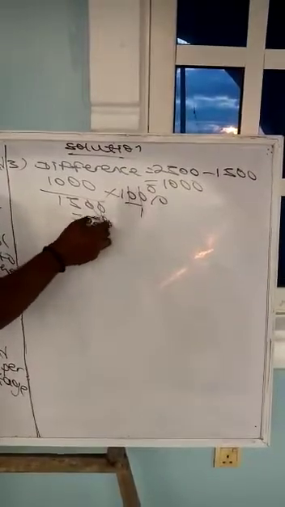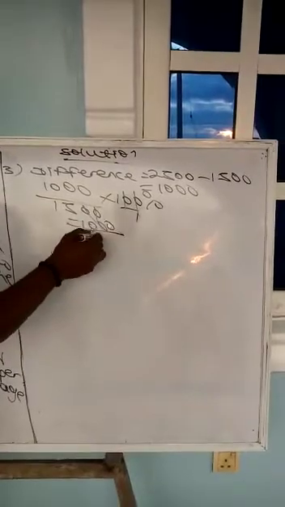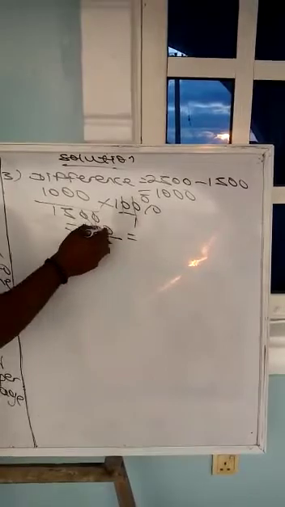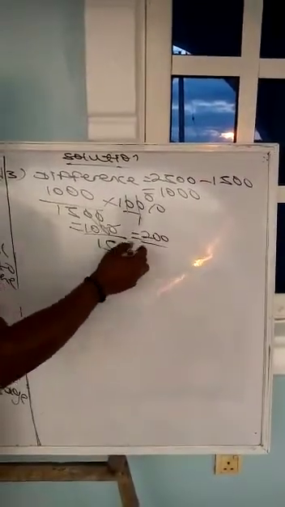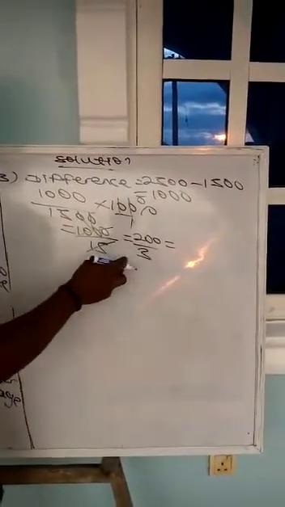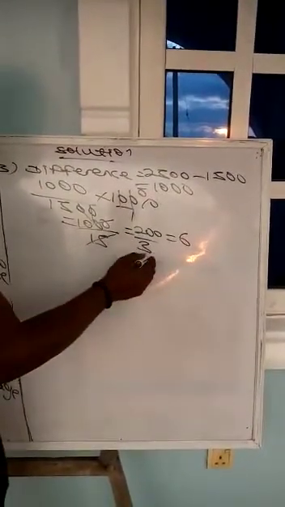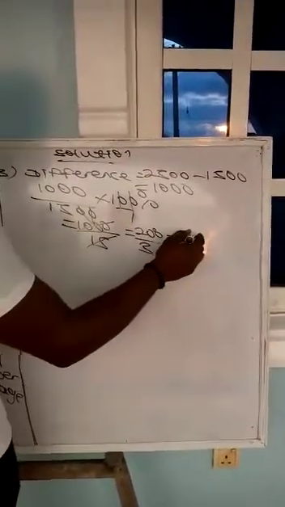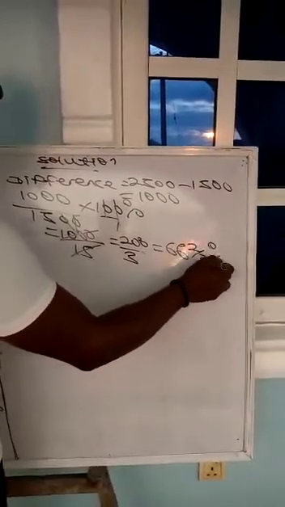We are having 1,000 over 15, and then we can divide. 5 can go into this and will give us 200. 5 can go into 15, we are going to have 3, so we are going to reduce with 3. 3 into 20 gives us 6. We have a remainder of 2. 3 into 20 gives us 6. We have a remainder of 2 over 3.